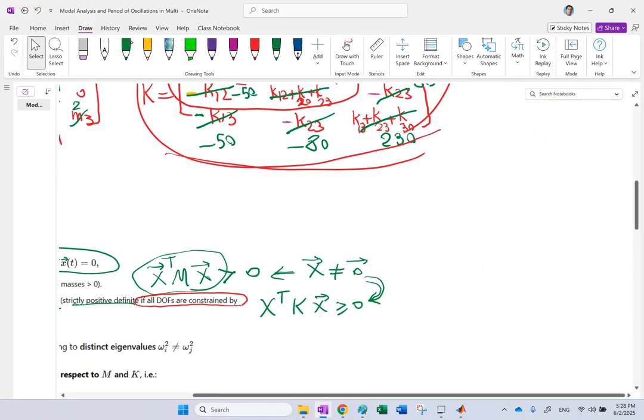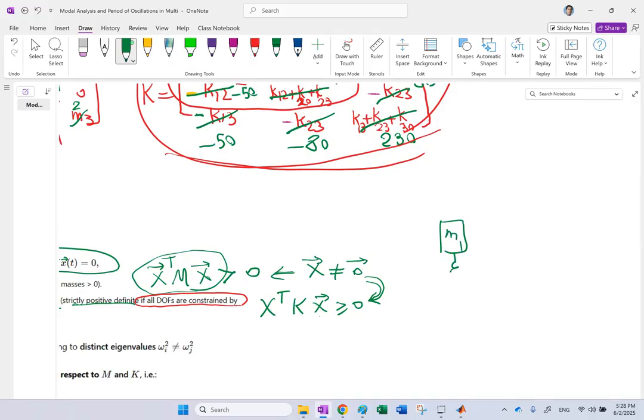And the answer is, if I show you this system, so this is M1, and then this is the spring, or let me do it horizontally. And this is M2, and this is K. And that's it. No object is attached to the ground.